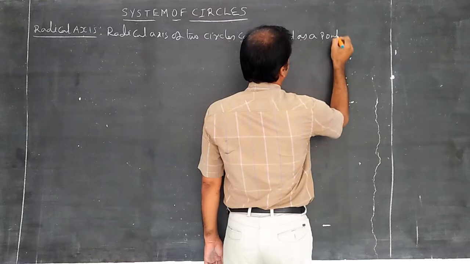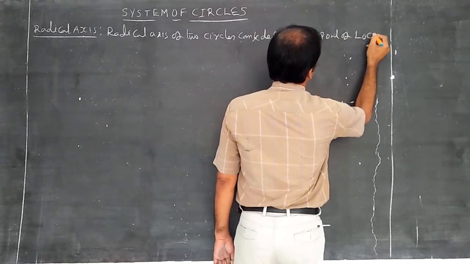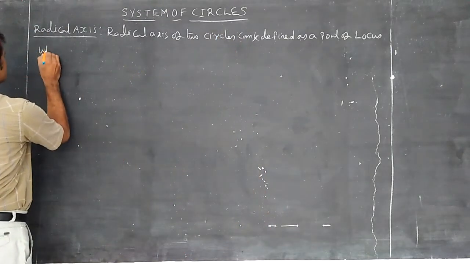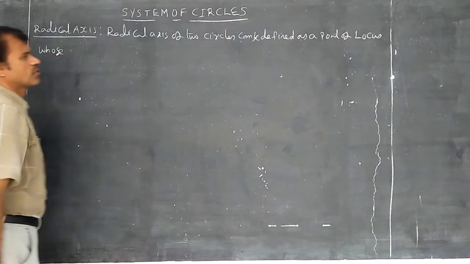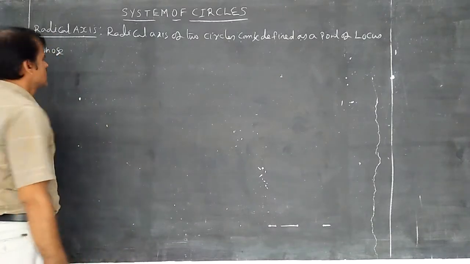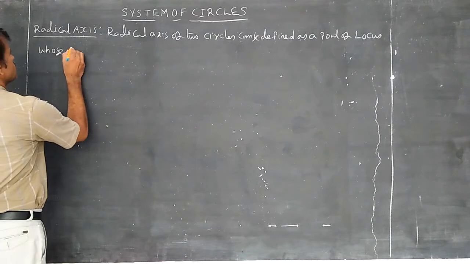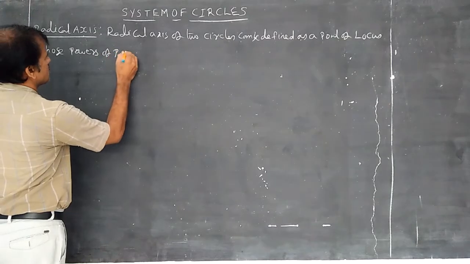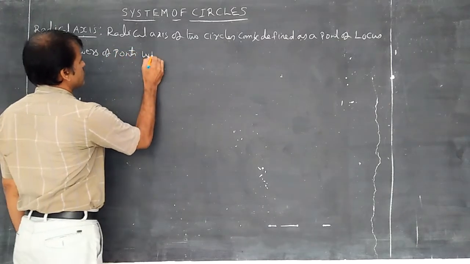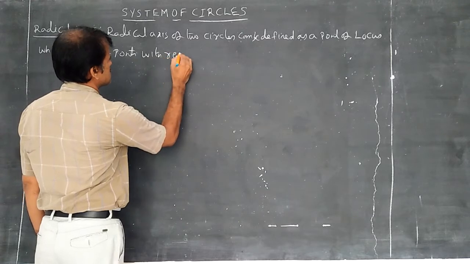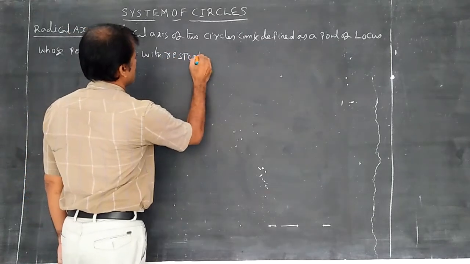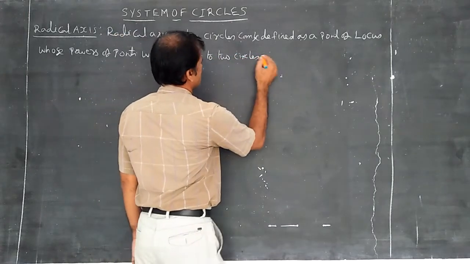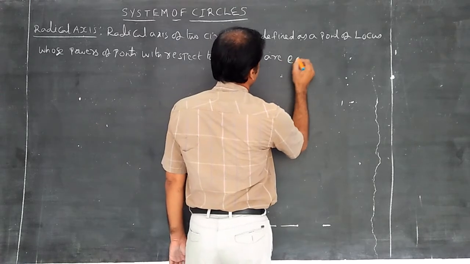A locus of the set of points whose powers of points with respect to two circles are equal.